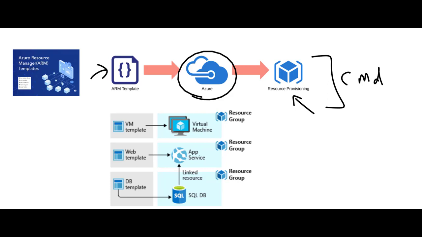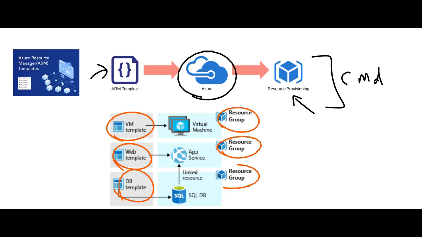So you can have separate resources. For example, you can have a VM template, a web template, and a database template, and each one of them provisioning different resources. Maybe it can provision to different resource groups or to the same resource group. However you choose, you're providing Azure a template, which is essentially a command letting Azure know what you want to provision and where you want to provision it.